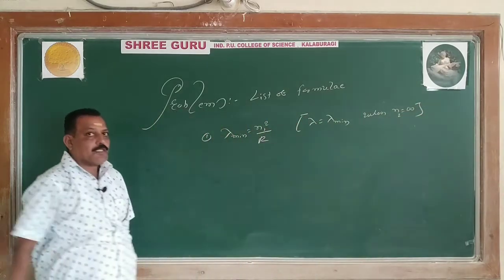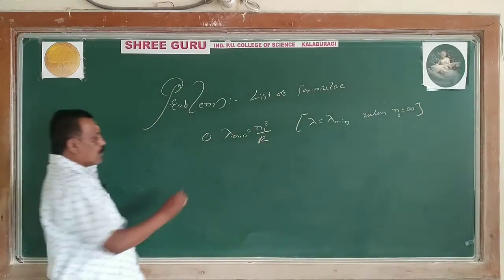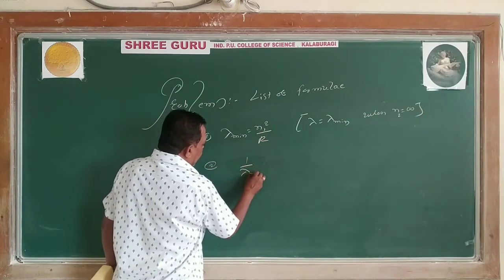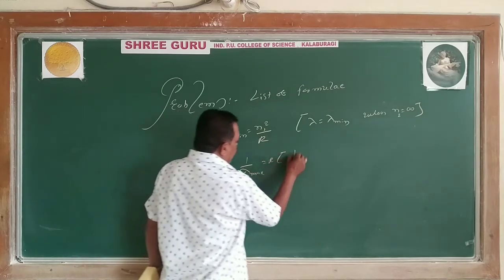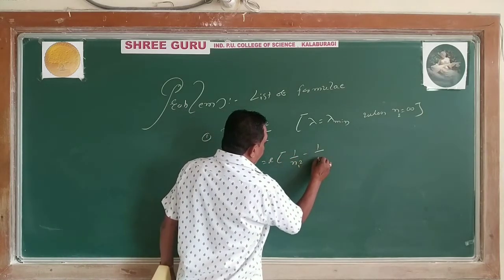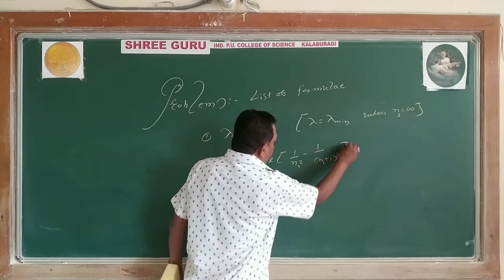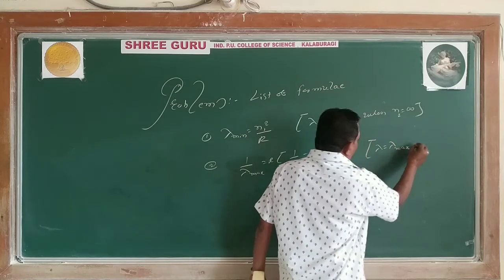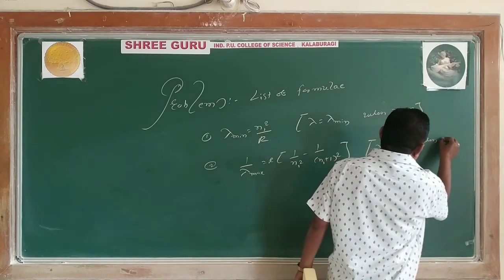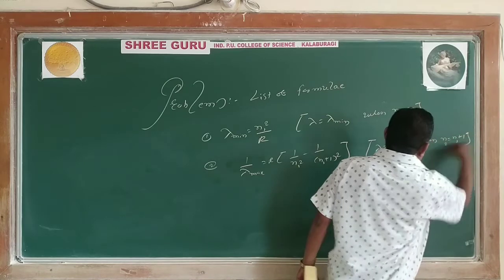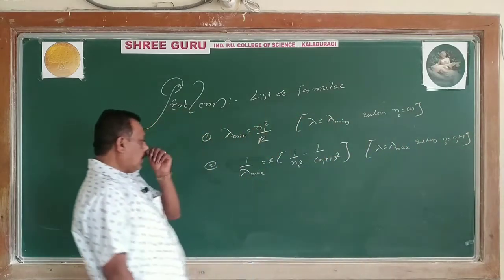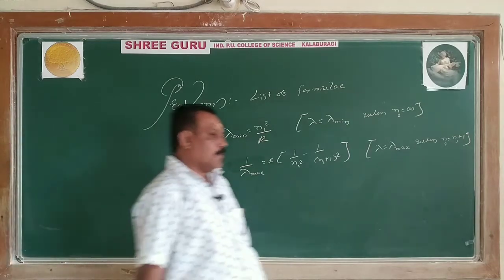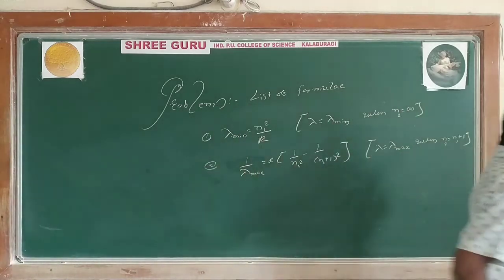This is also called series limit. Then for maximum wavelength, 1 by lambda maximum equals R times 1 by n1 square minus 1 by n1 plus 1 whole square, because lambda equals lambda maximum when n2 equals n1 plus 1. So these are the equations to calculate the maximum wavelength and minimum wavelength.